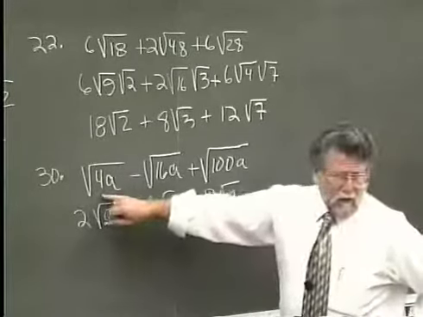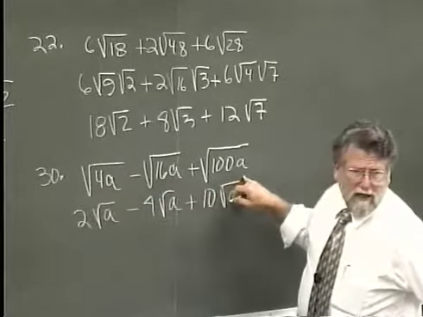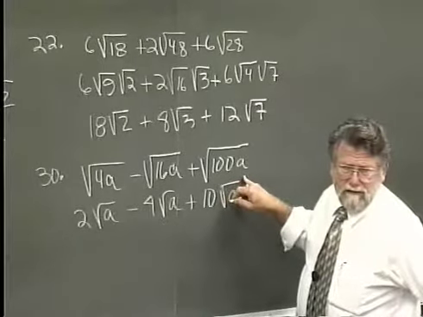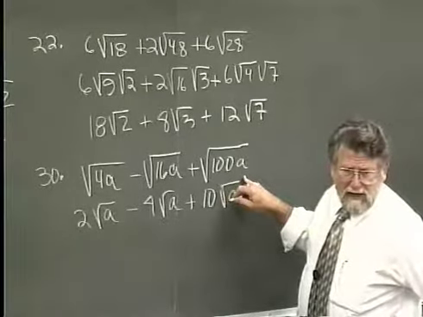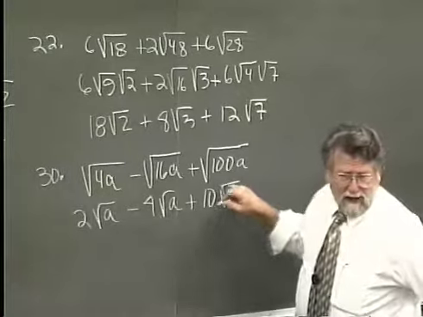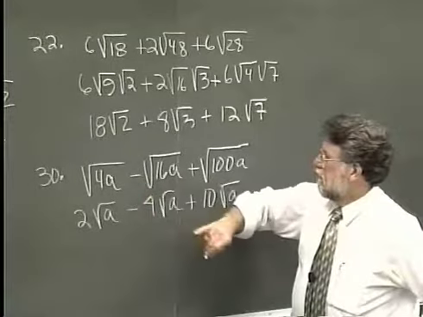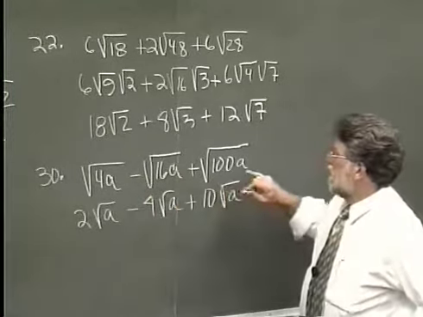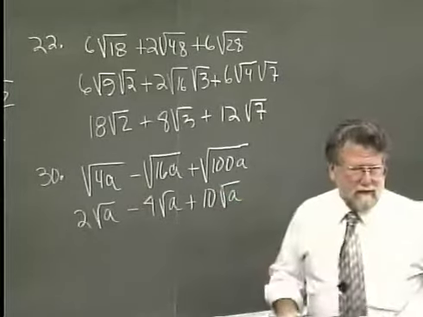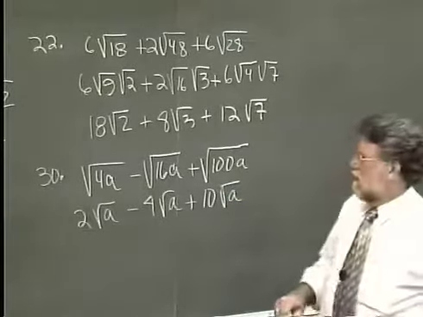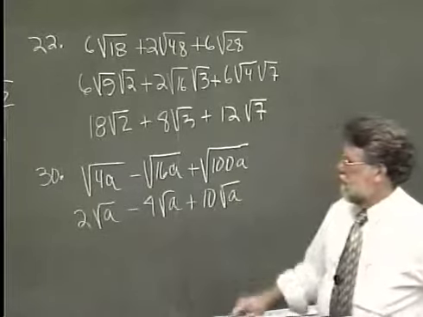Okay, when I first saw it, I saw the 4a and I saw a 4a here and a 4a here, and I could have done that. In fact, I got the square root of 4a times 1 minus 2 plus 5. However, let's just do it here. What do I get now?